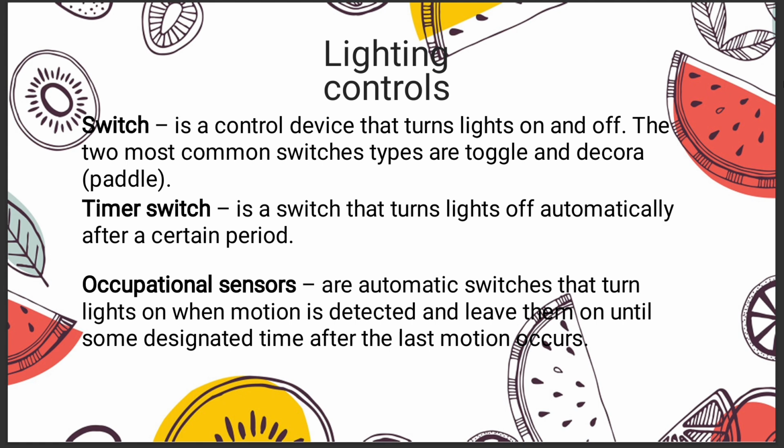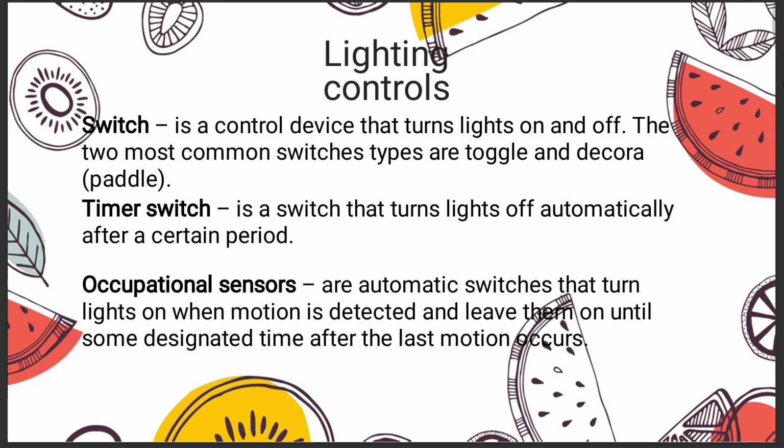A timer switch is a switch that turns lights off automatically after a certain period. Next is occupancy sensors. Occupancy sensors are automatic switches that turn lights on when motion is detected.